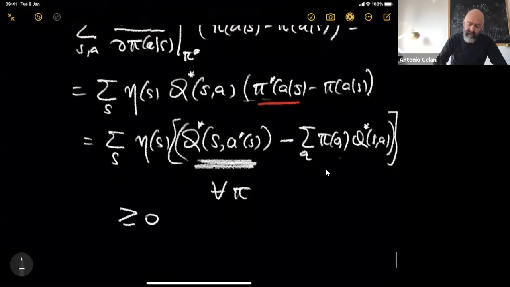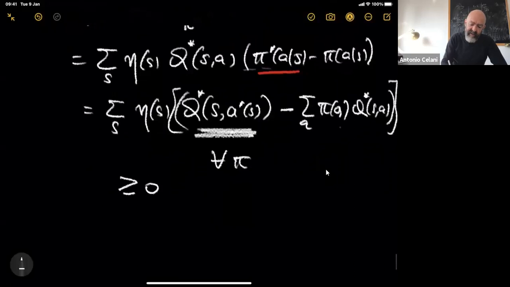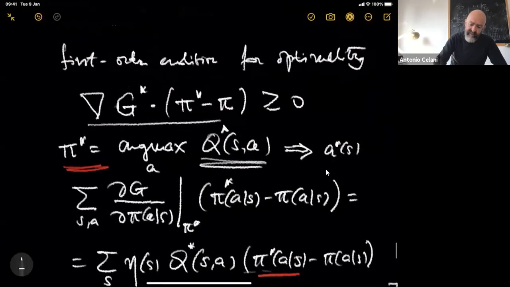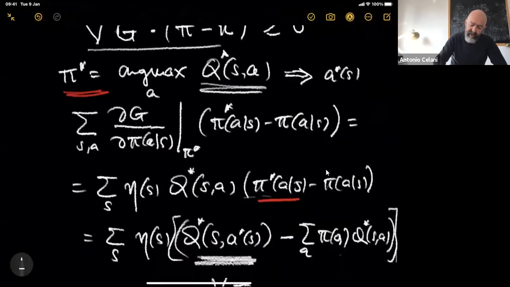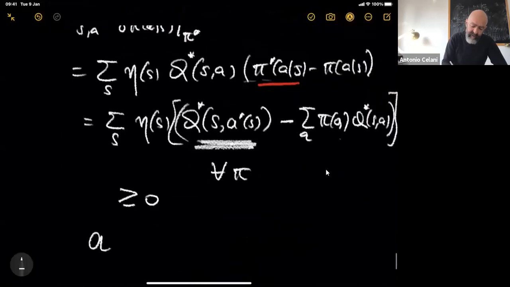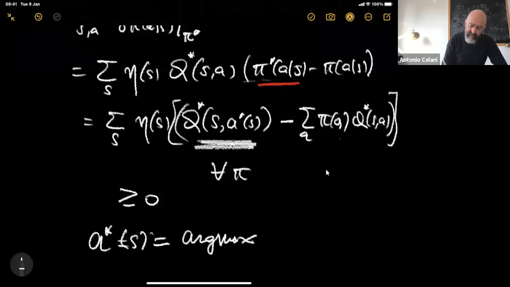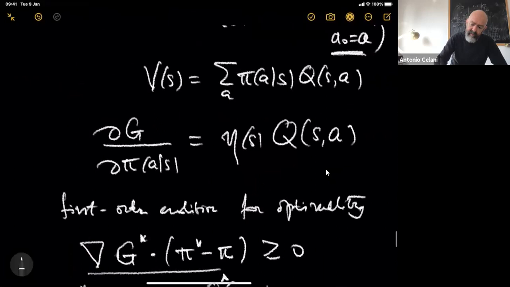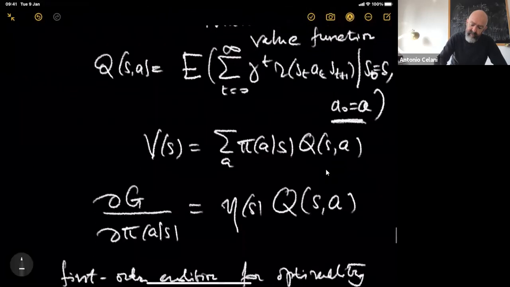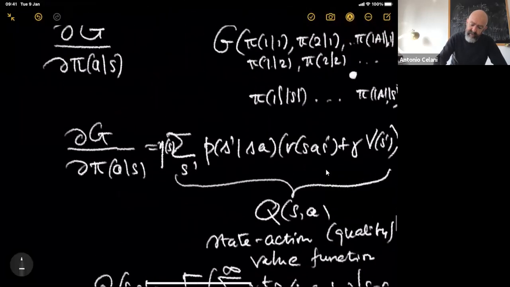So what does it mean? Well, it means that Q, remember how it's defined? It's defined by this. Okay. So this means that my optimal policy pi star of any state S is equal to the argmax over all possible A of Q, but Q is this object by definition, this one.